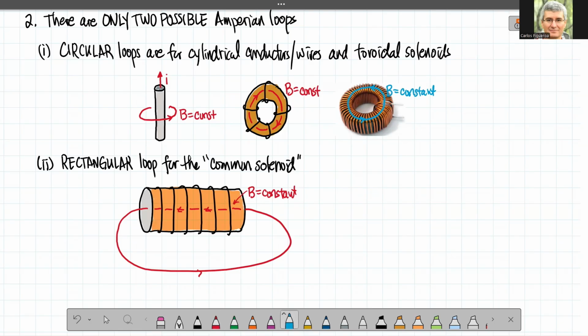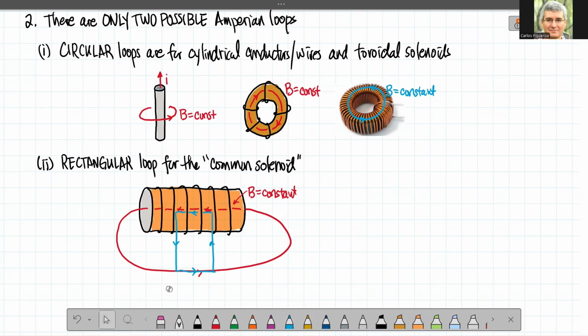So what we want to do is pick a path where the magnetic field is a constant, and we take it in such a way that I have this rectangle here. Now note that I didn't draw these fields good enough yet, but just for the sake of simplicity, the path has to be like this here. And so if I integrate over this, then I get my loop here.